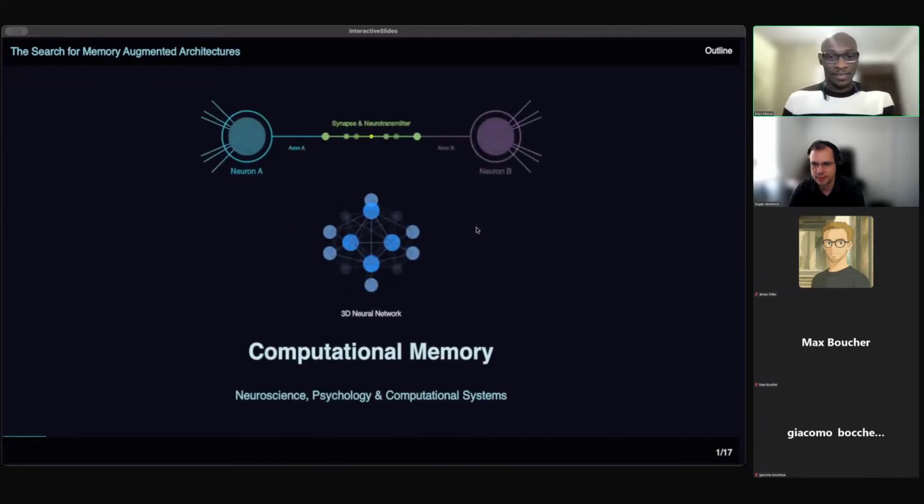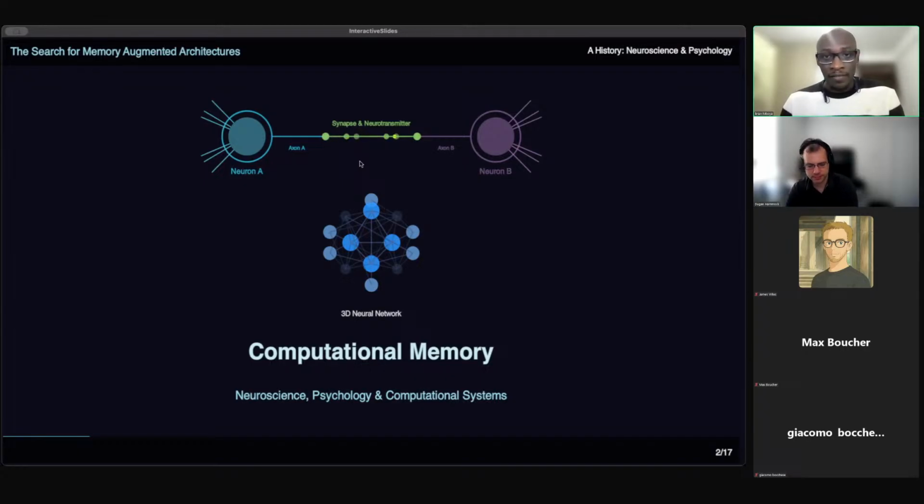Great. So let's talk about the history of memory in neuroscience and psychology. As you can see, this is a toy example of the connection between 2 neurons.